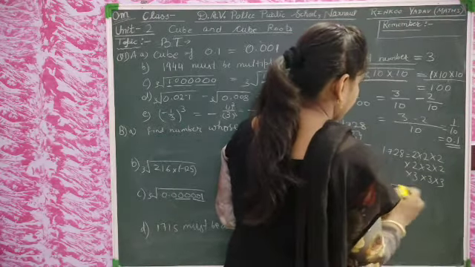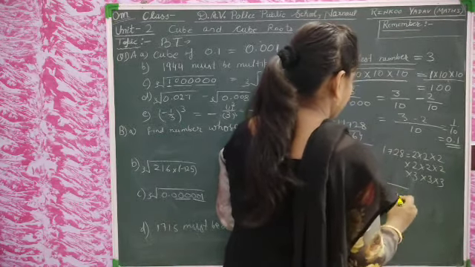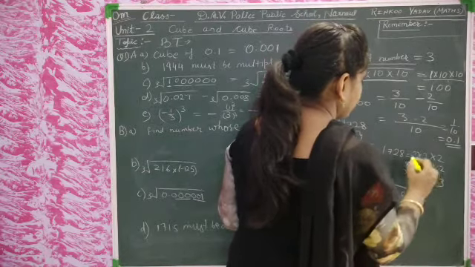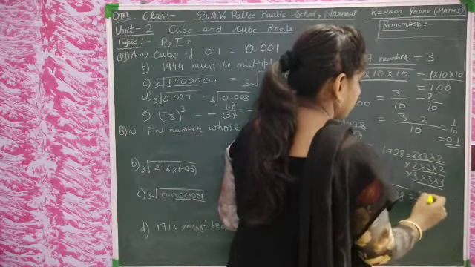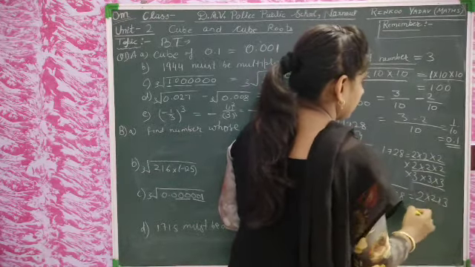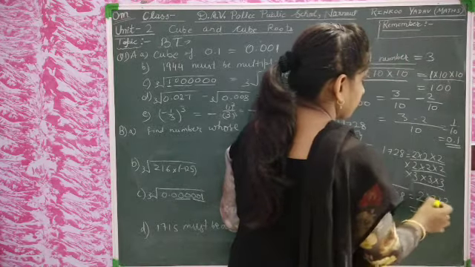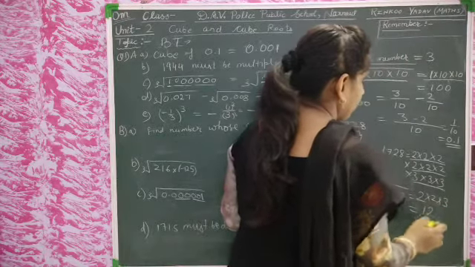And the cube root of 1728 is equal to 2 into 2 into 3, which becomes 12.